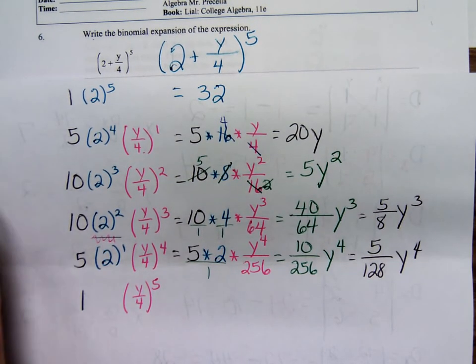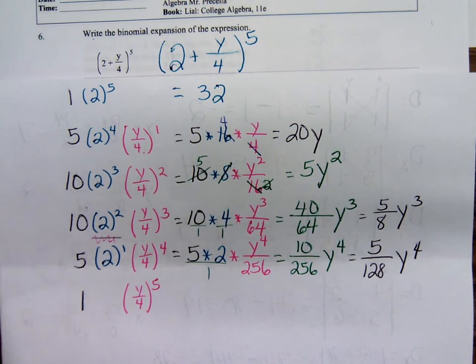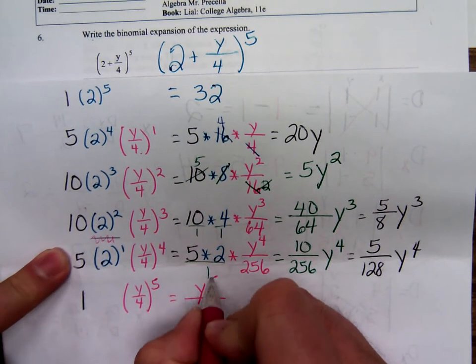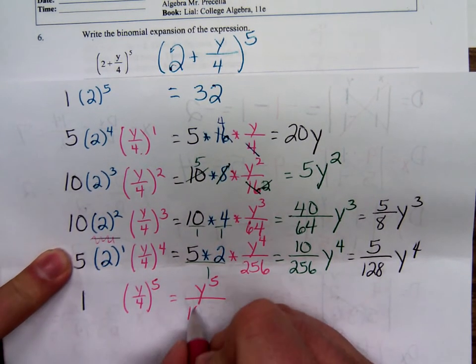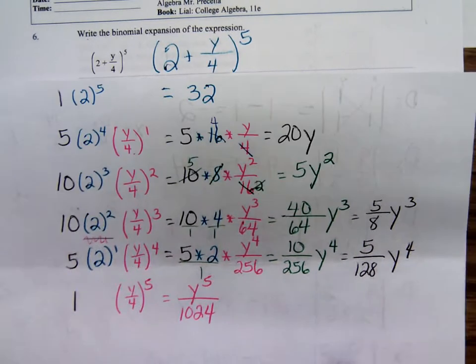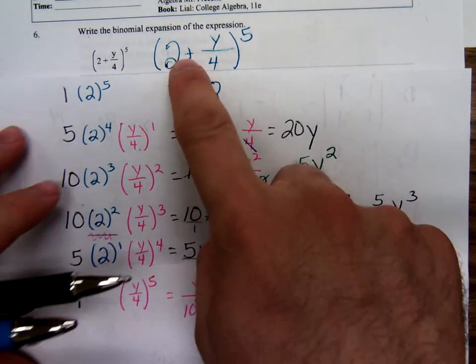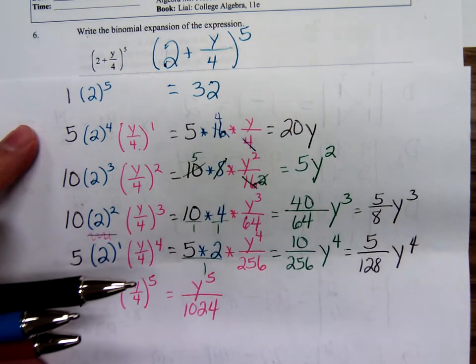And then one thing left. Y to the fifth. 4 to the fifth is 1024. Oh, and this one, we got sort of lucky. There were no negatives in here, so all of these are positive. So let's see.